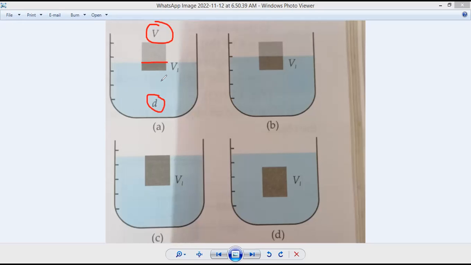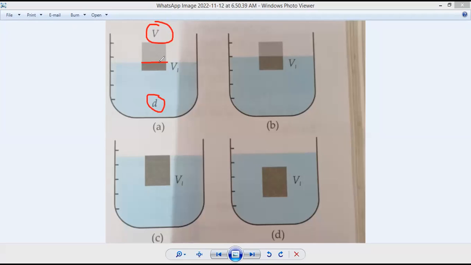Do you understand, Mitakshree, Abhinami, Arun? Now, in this case, the body is submerged very little, so it displaces less water.